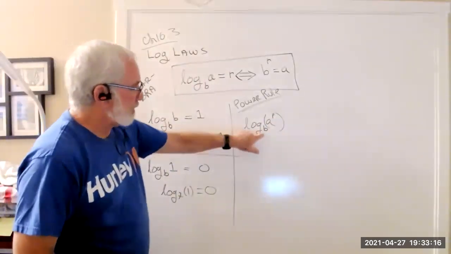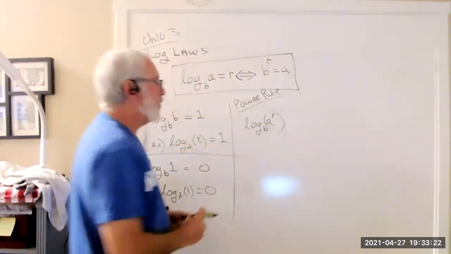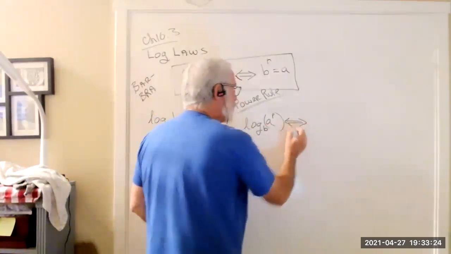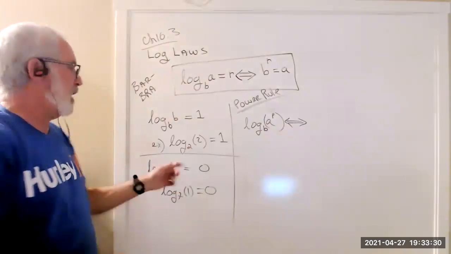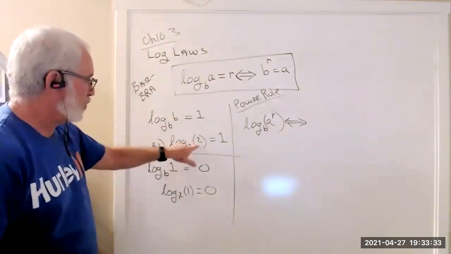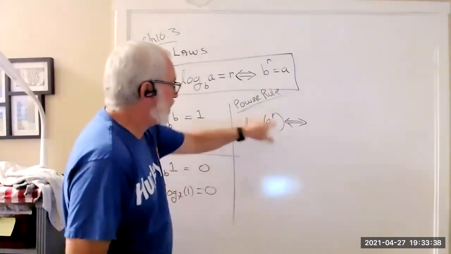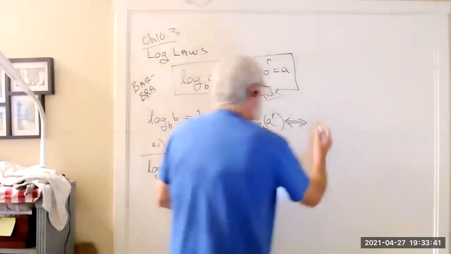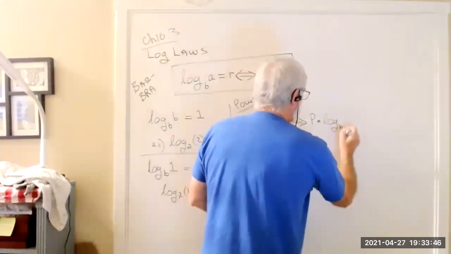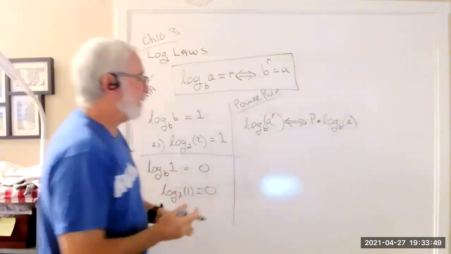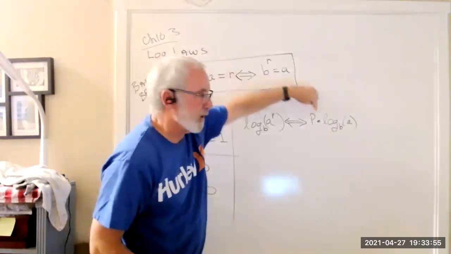If you have log base b of a being raised to a power, then you can, if you wish to, and all of these rules are always if it helps you, if you wish to say log base 2 of 2 is 1, go ahead, it is. If you wish to use this rule, this becomes p times the log base b of a. Look what happened. The power just gets moved out front as a multiplier, p times that.